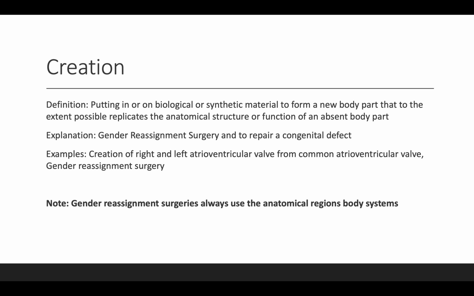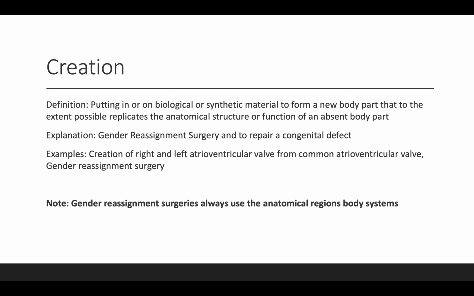The creation root operation. Definition: putting in or on a biological or synthetic material to form a new body part that, to the extent possible, replicates the anatomical structure or function of an absent body part. The explanation: gender reassignment surgery and to repair a congenital defect. Those are the two circumstances.